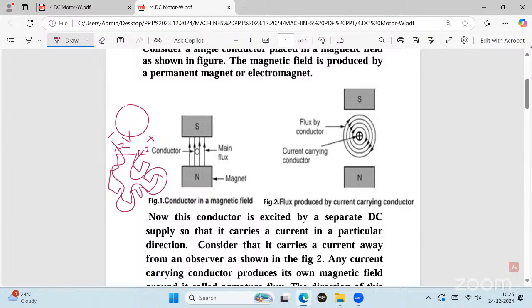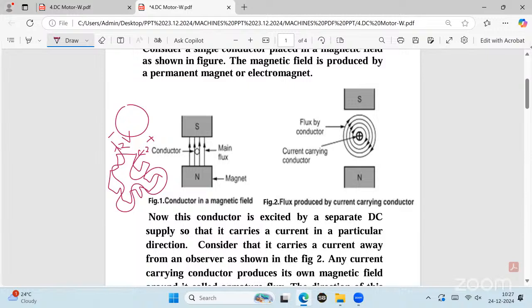Clear all of you? How does the conductor or armature become a magnet? Because the armature is made up of a steel bar, cut into slots. Give voltage, current will flow, then the armature becomes a magnet.